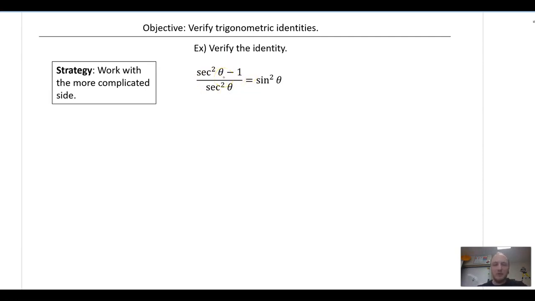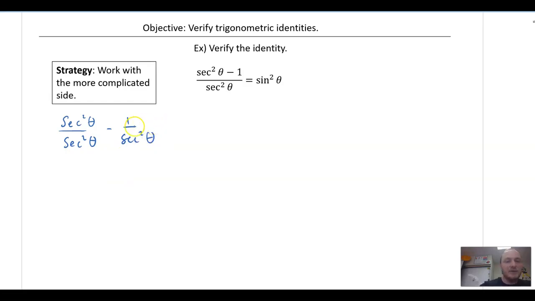One trick that I want you to see is if I have multiple terms in a numerator over a denominator, I can split these. So I have secant squared theta over secant squared theta minus 1 over secant squared theta.